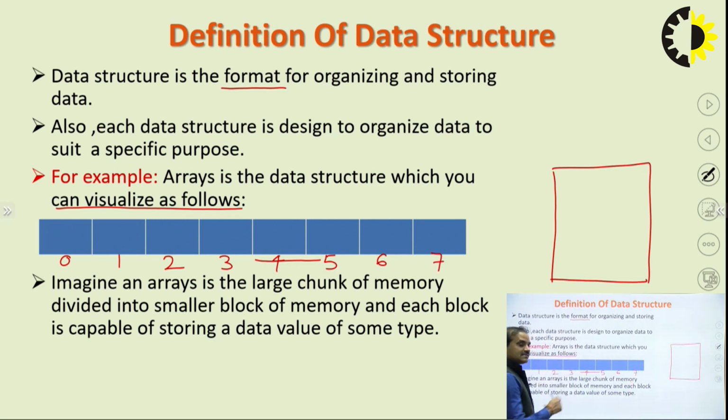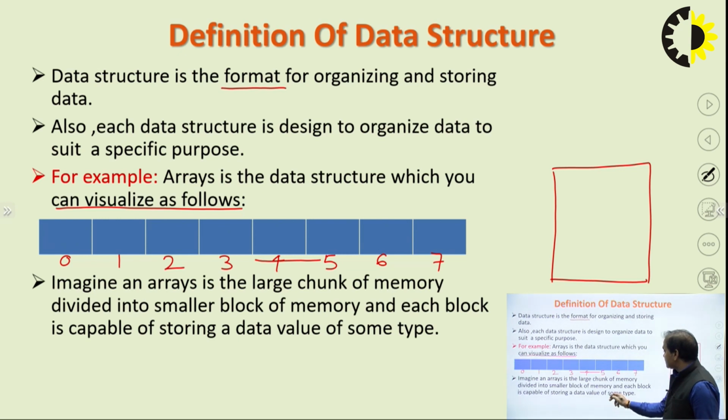By using this concept, you have to create a contiguous memory allocation inside the main memory. The next point is, imagine an array is a large chunk of memory divided into smaller blocks of memory, and each block is capable of storing a data value of some type.